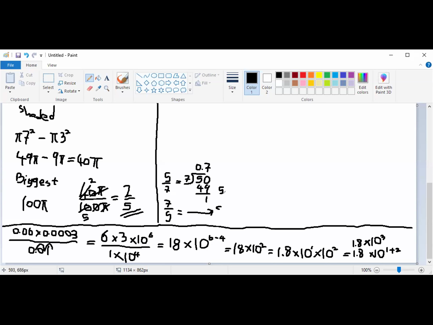Because 5 is the denominator now, and 7 is my numerator. So let's just do 5, 7. Okay, so let's go. 5 in 7 is one whole number, right? 5 times 1 is what? 5.